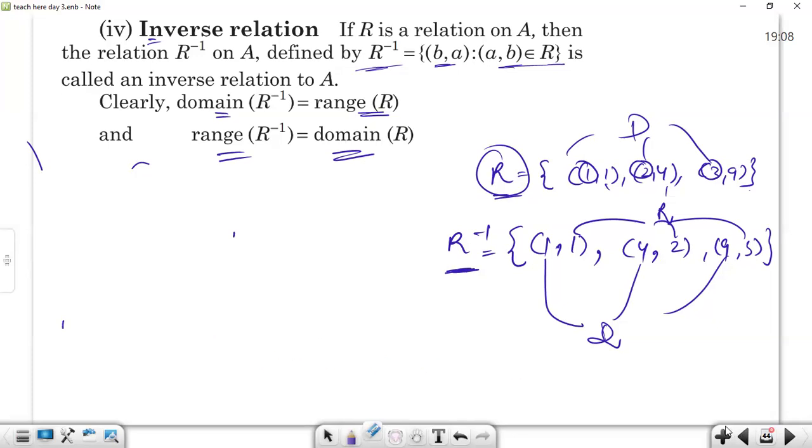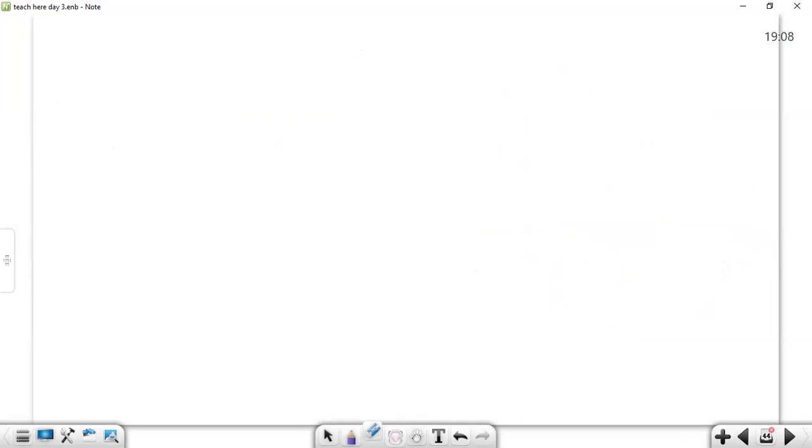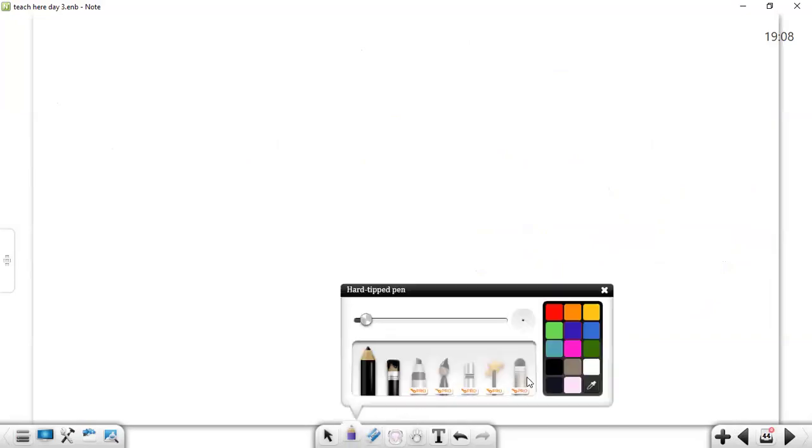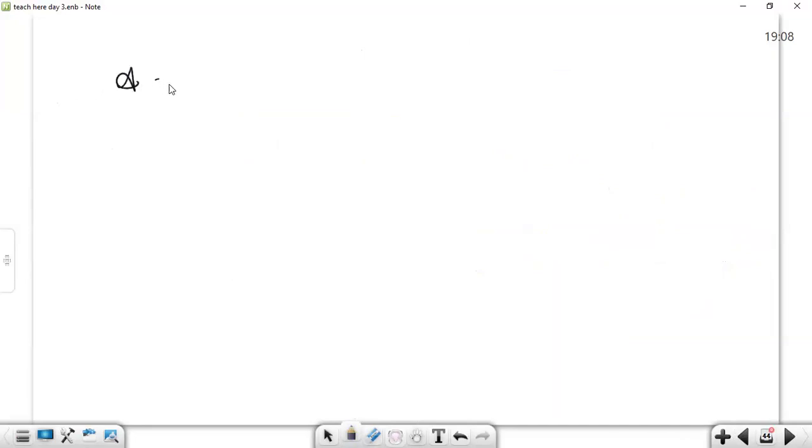Take a new page and new color. Okay. So we are taking a relation. We are taking a set, let's say A includes minus 1 and 1. And we are discussing a relation from A to A only.